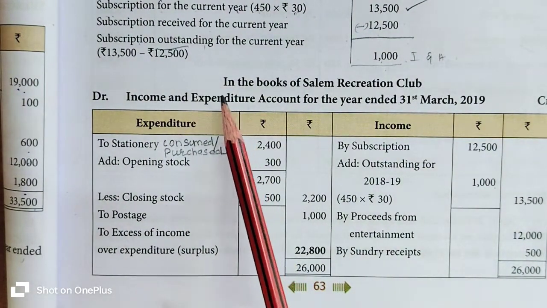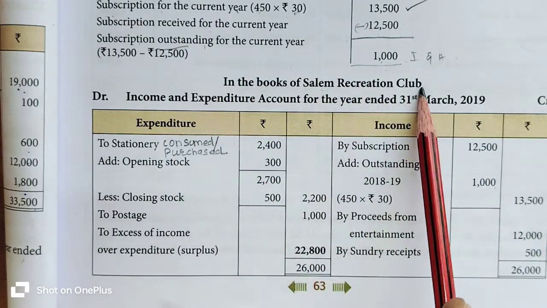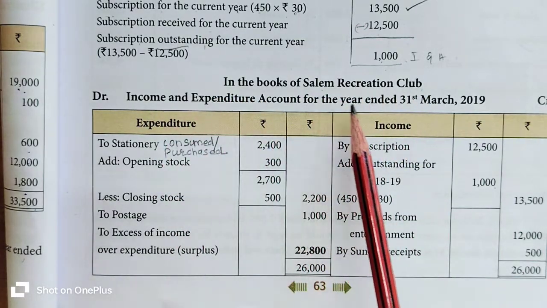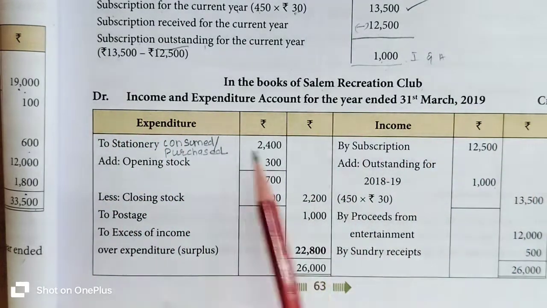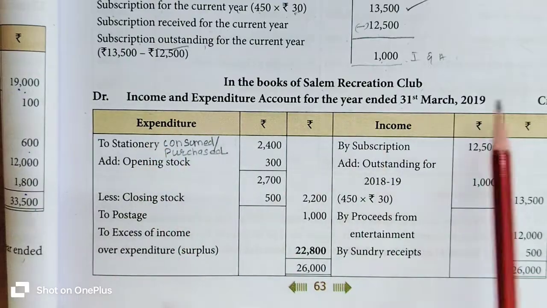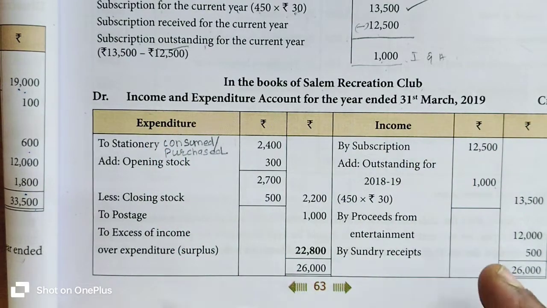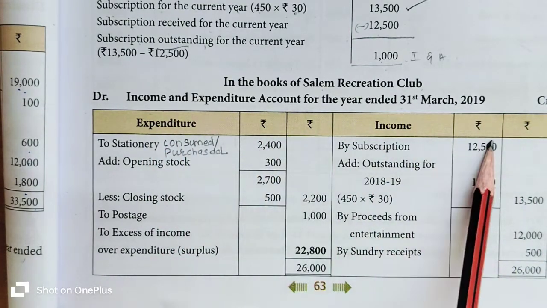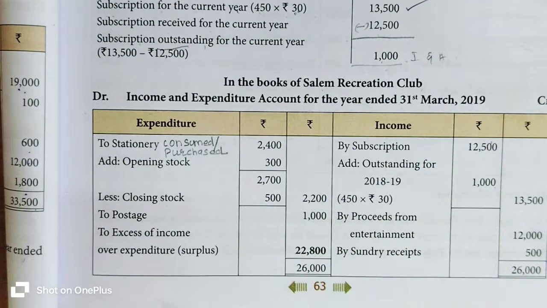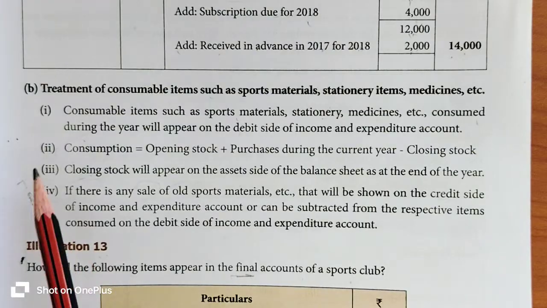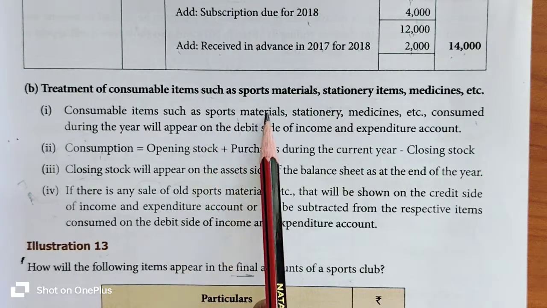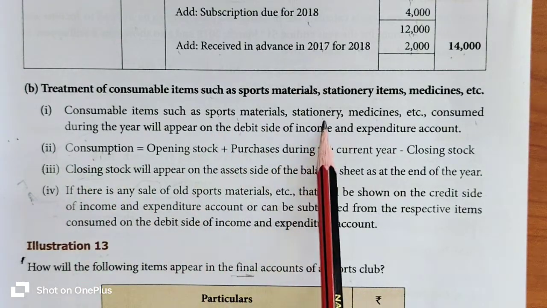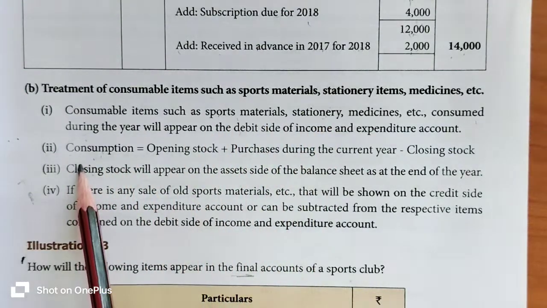First write the heading: in the books of Salem Recreation Club, income and expenditure account for the year ended 31st March 2019. In the format of the income and expenditure account, the left-hand side is debit, expenditure, and the right-hand side is credit, income. Two amount columns are created on both sides. On the debit side, if sports material is consumed or stationery is consumed, we write that.